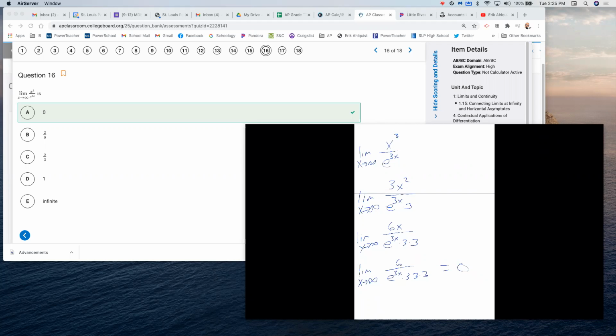So let's pretend you bumbled the chain rule and all you wrote was this each time, you'd still get the right answer, because you still end up with 6 over e to the 3x, which is still 6 over infinity, which is 0. So those powers of 3 wouldn't matter on this one. On the free response, you'd get it wrong, but on the multiple choice, you wouldn't.